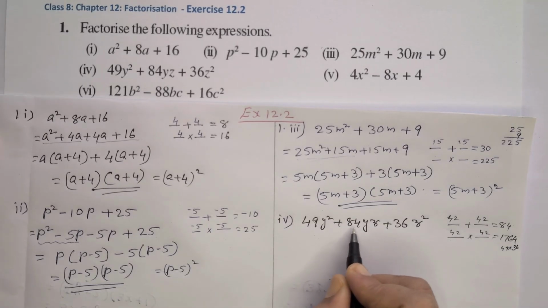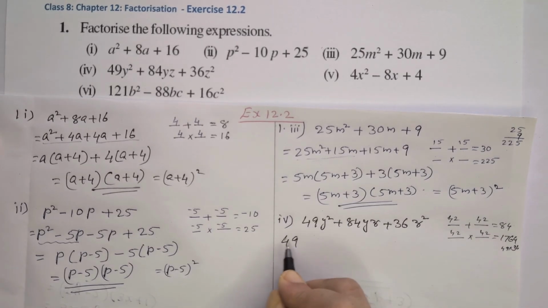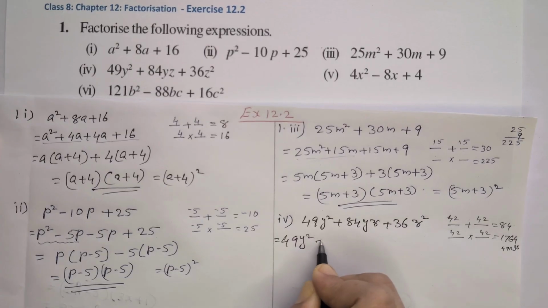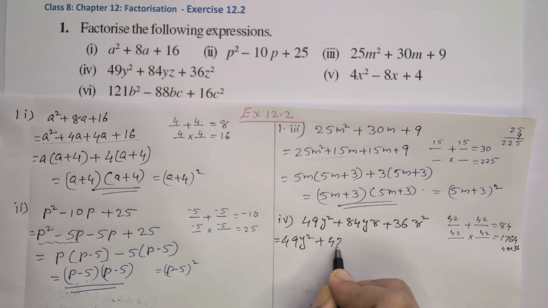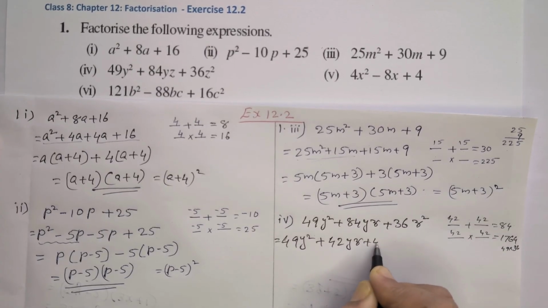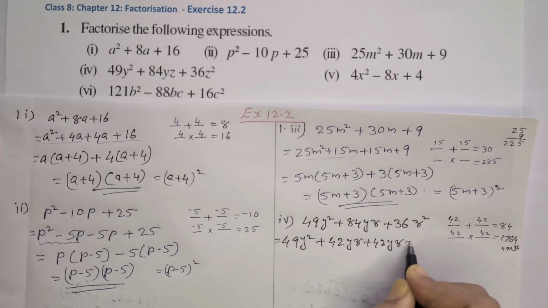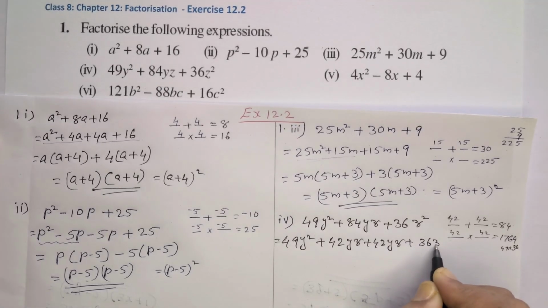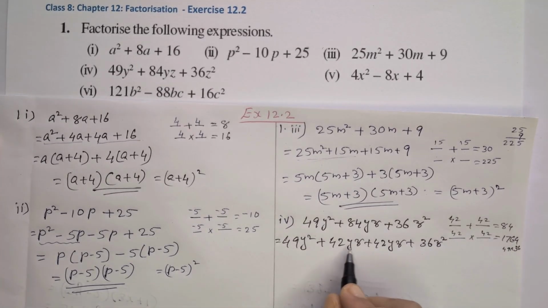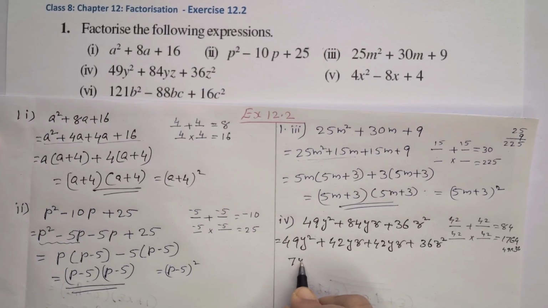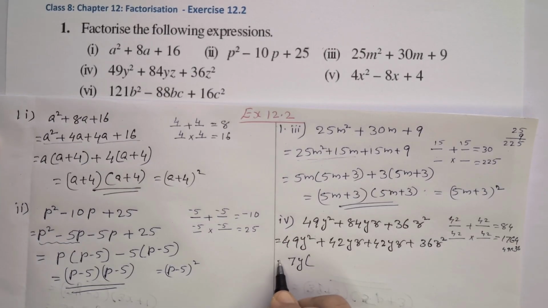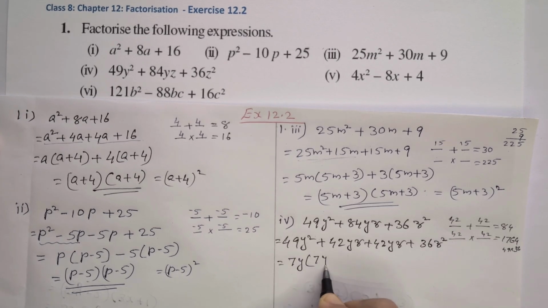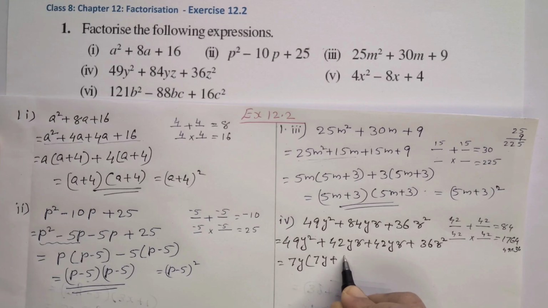So we can split the middle term. First term same as that, then middle term is 42yz plus 42yz plus 36z square. From here we can take 7 as common, 49 and 42. 7y we can take as common. Then remaining here 7y plus 6z we can take from here, that is common.